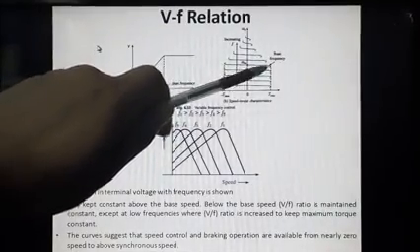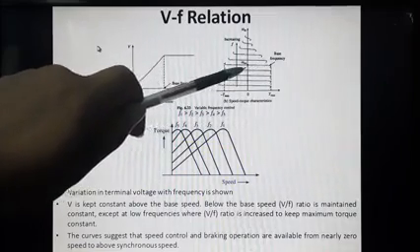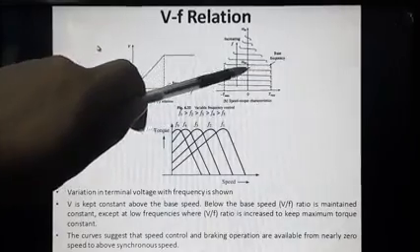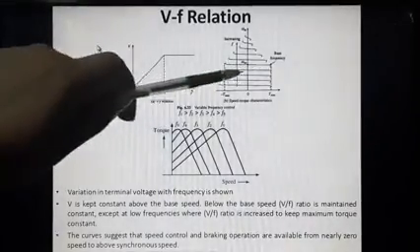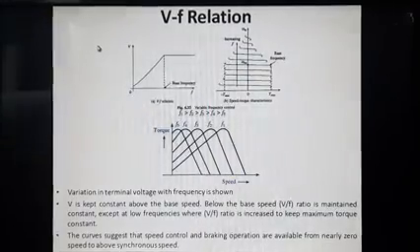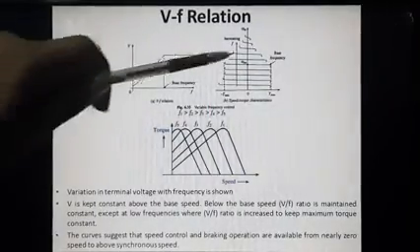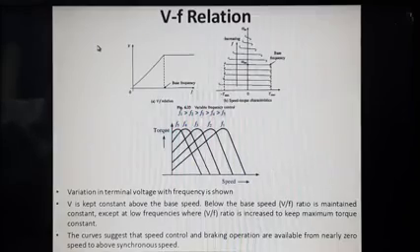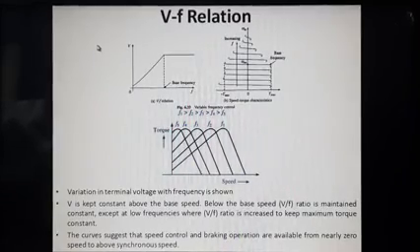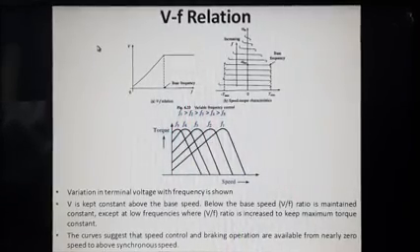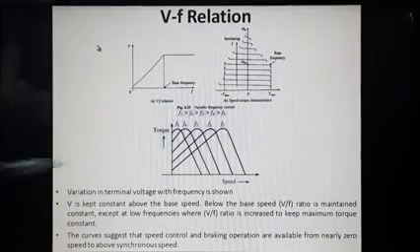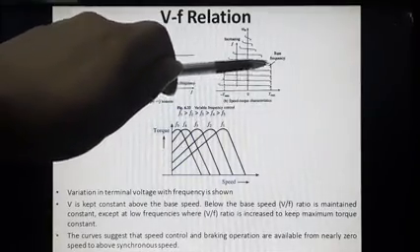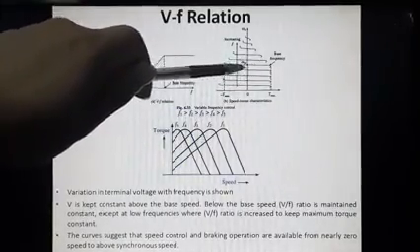You just draw a horizontal line here, so you'll be able to see it is at this point. Definitely the rated speed at which the motor will be running will be less than the synchronous speed. So if you are trying to reduce the speed of an induction motor by reducing the value of frequency, in all these regions the speed is less than the rated speed of the induction motor.